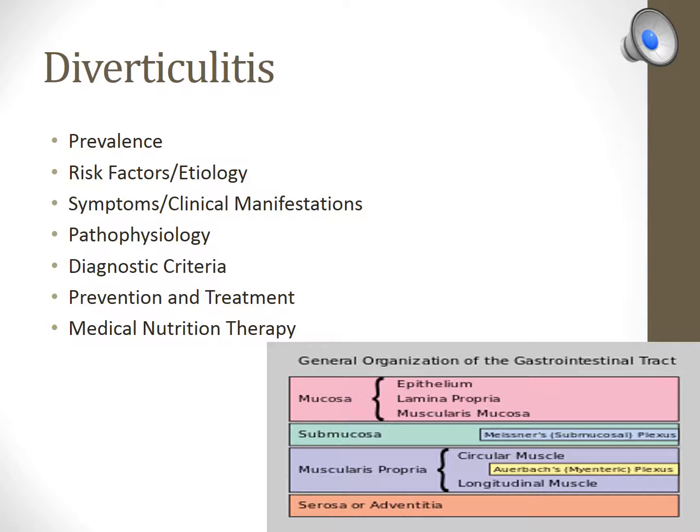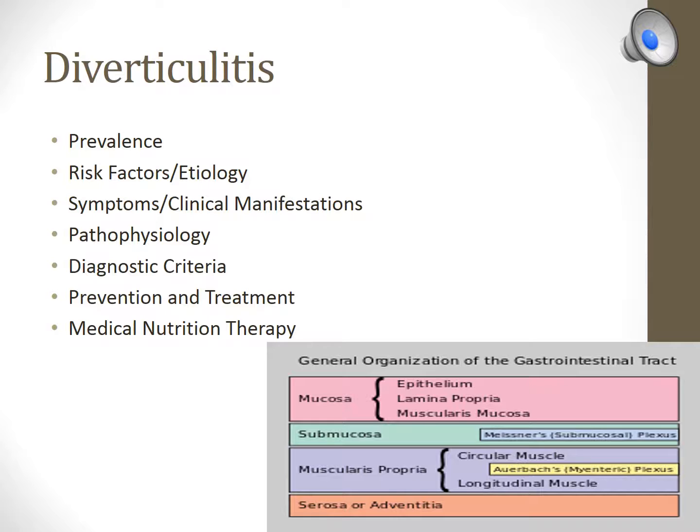So now we'll move on to the pathophysiology of diverticulitis. Diverticulitis arises from the recurrent formation of diverticula. That results in inflammation of the gastrointestinal tract, a formation of abscess, acute perforation, acute bleeding, obstruction, and/or sepsis.